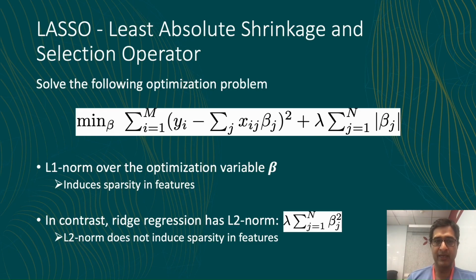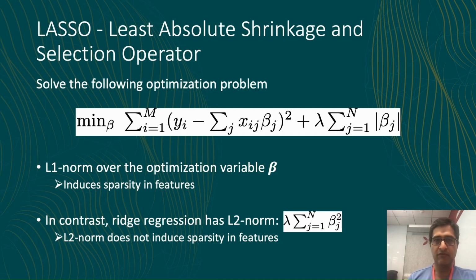While the L1 norm induces sparsity in features and tends to force as many betas down to 0 as it can, the ridge regression doesn't do that. It tries to reduce the size of betas as much as possible, but essentially doesn't drive them down to 0.